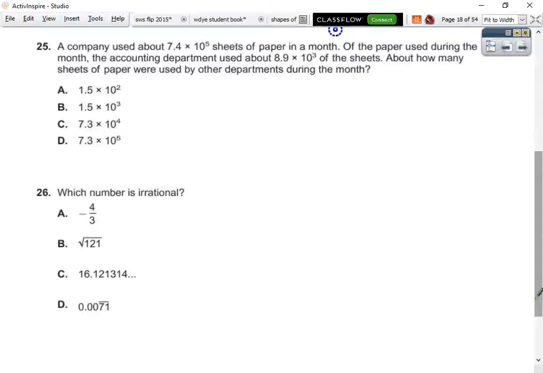Number 25. A company used about 7.4 times 10 to the 5th sheets of paper in a month. Of the paper used during the month, the accounting department used about that many sheets. How many more sheets of paper were used by other departments during the month? All right, so we have 7.4, 1, 2, 3, 4, 5.